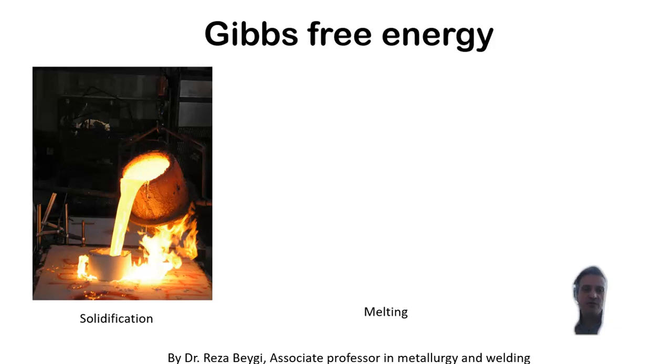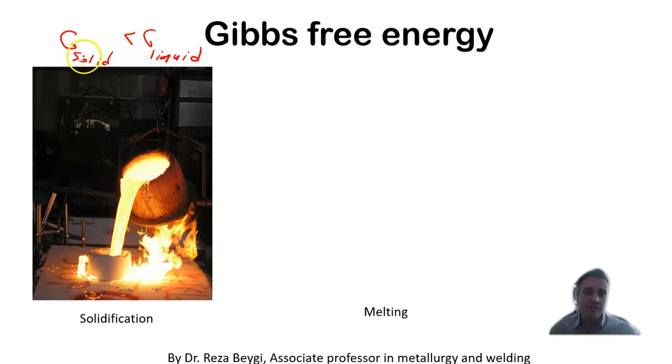For example, in the process of solidification, when you solidify a melt, the temperature is below the melting temperature, and below the melting temperature, the Gibbs free energy of the solid state is lower than the Gibbs free energy of the liquid state.